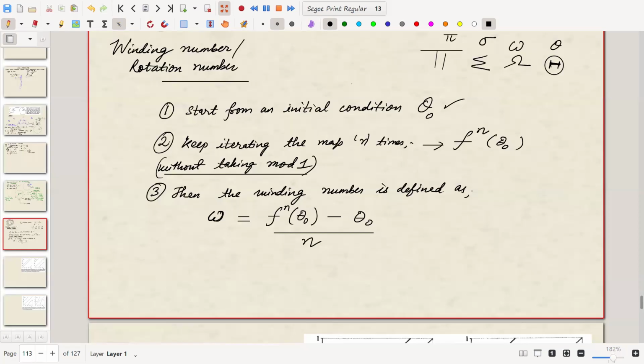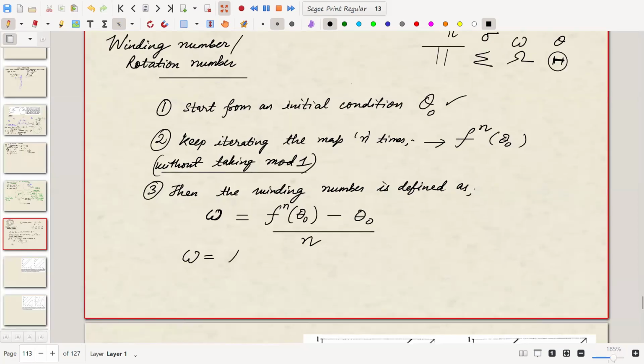So the actual definition is the limit as n tends to infinity of F^n of theta naught minus theta naught, divided by n. Why do we take the limit n tends to infinity? Think in terms of the dynamics.